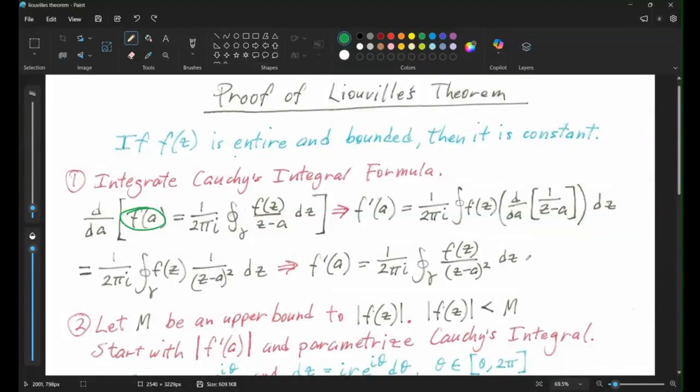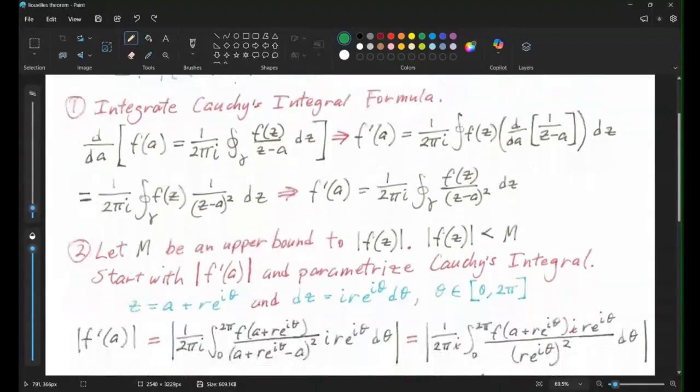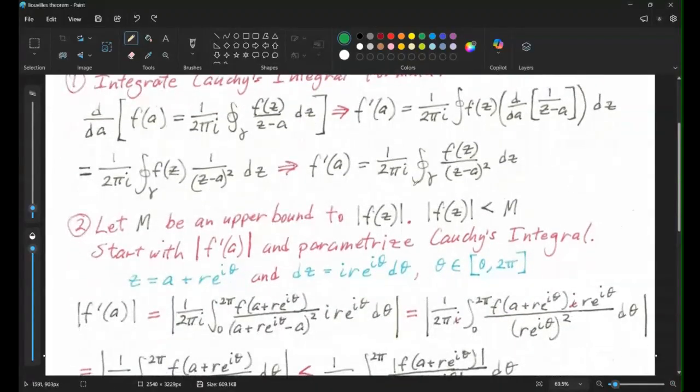That's the idea behind using this. That's going to be our strategy: we're going to bound this, and it's essentially going to show that the first derivative is 0, which would show that this is constant.